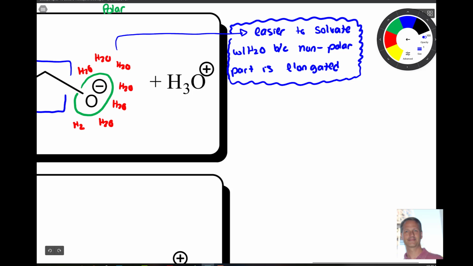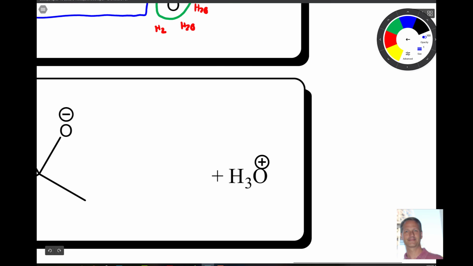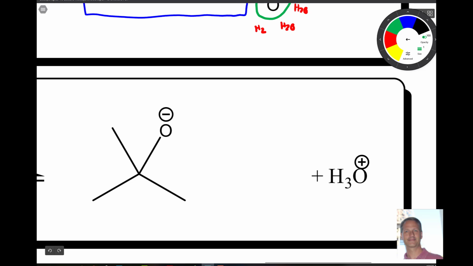Right? Okay, so then let's compare that now to that tert butoxide fellow that was made down below. So if we look down here, we have the same thing. So here's our polar part, right?